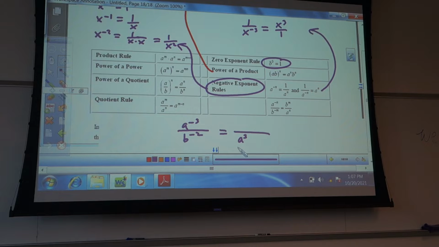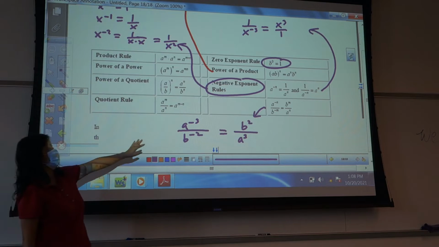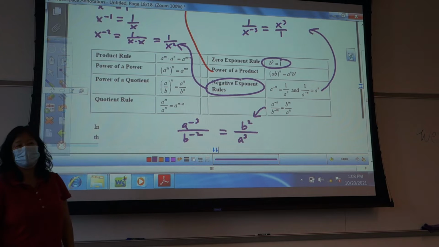Now the exponent is positive. b to the negative 2, move to the other side. So then my negative 2 becomes positive 2. So that's hugely helpful. And we'll use that a fair amount. So those are kind of the super useful, important ones to know also.